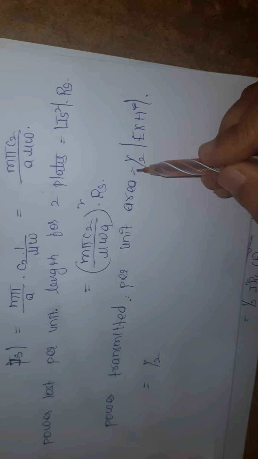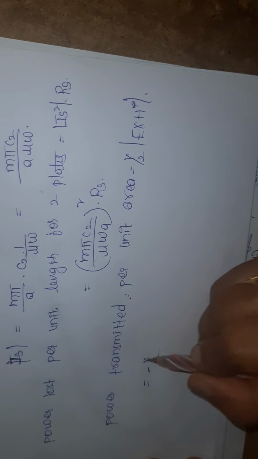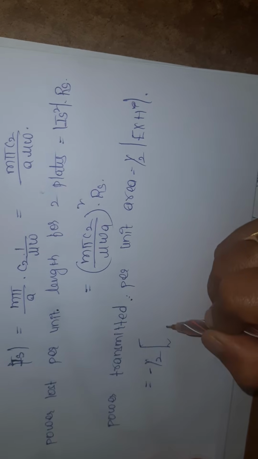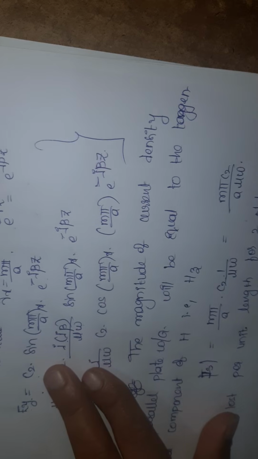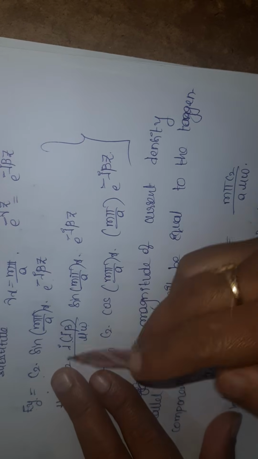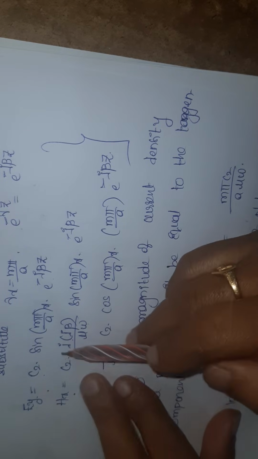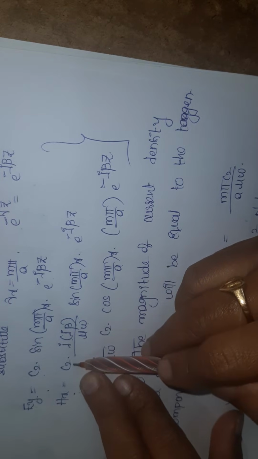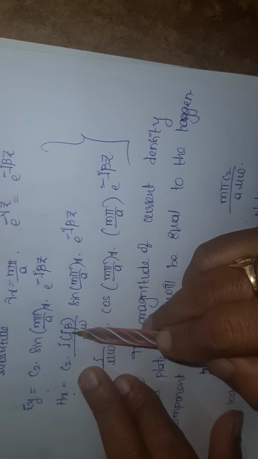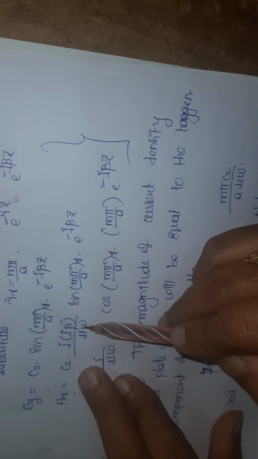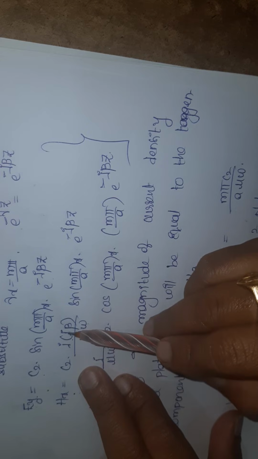So here a negative sign is added such that I will get minus 1 by 2 into, so here I am having Ey, that is C2, next Hx, that is C2 into beta by mu omega. Here I am having j square, it is nothing but minus.